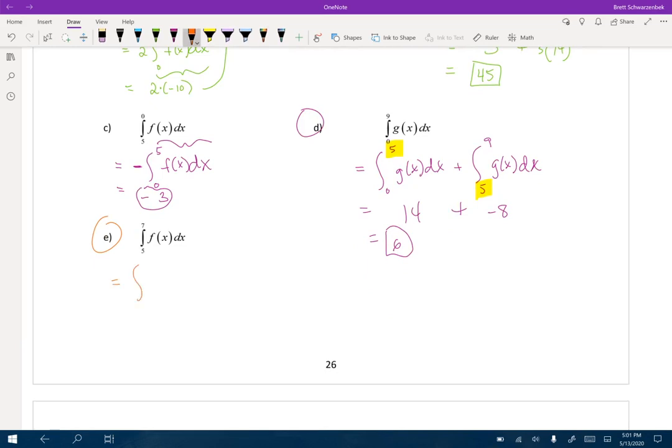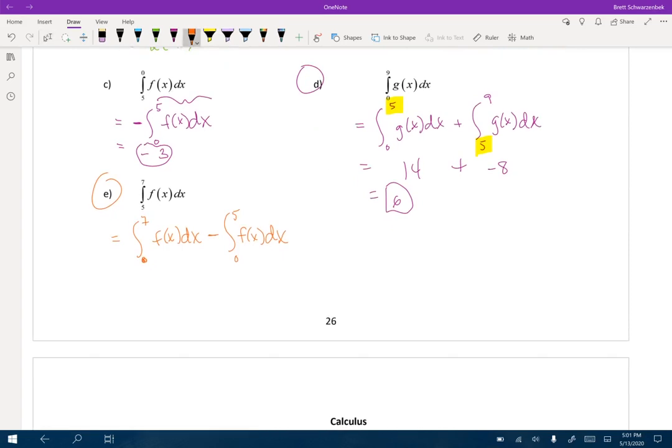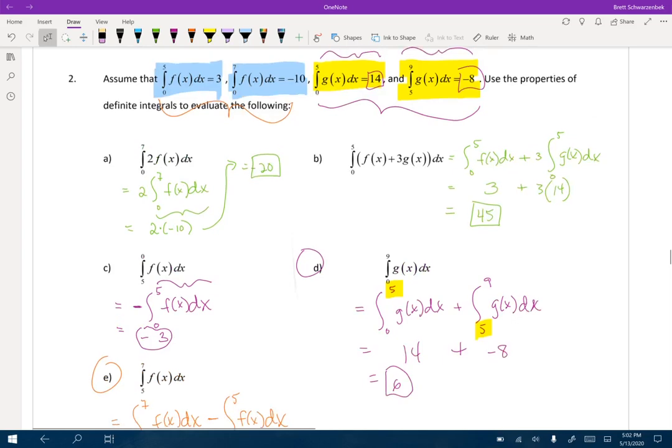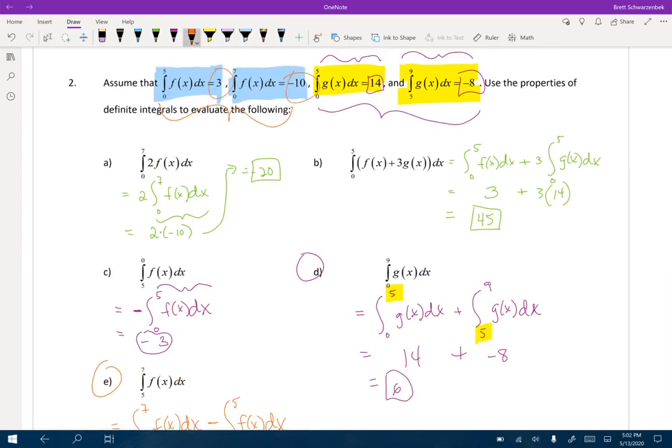So for this one, we're going to do the integral from 0 to 7 of f of x dx, which is going to give us all the area from 0 to 7. If we subtract all the area from 0 to 5, then that should give us all the area from 5 to 7, according to the rules we just looked at. According to this, this area is negative 10, and the other area is 3.